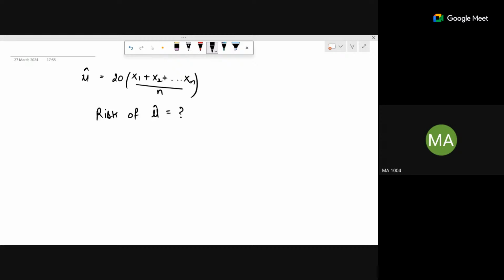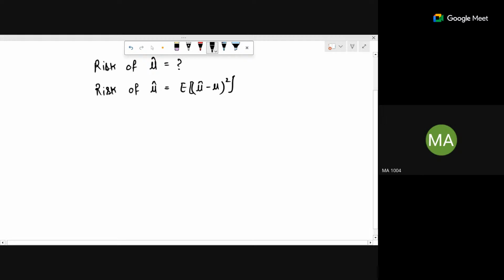So the risk of mu hat is equal to what? Expectation of mu hat minus mu, the whole square.